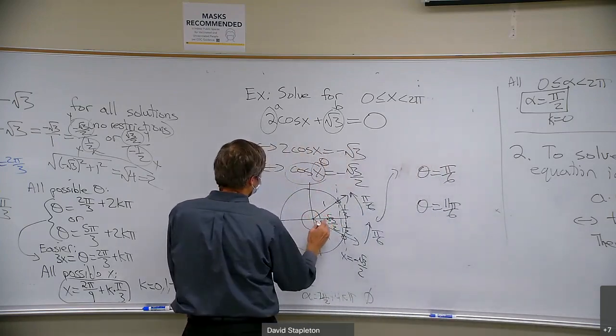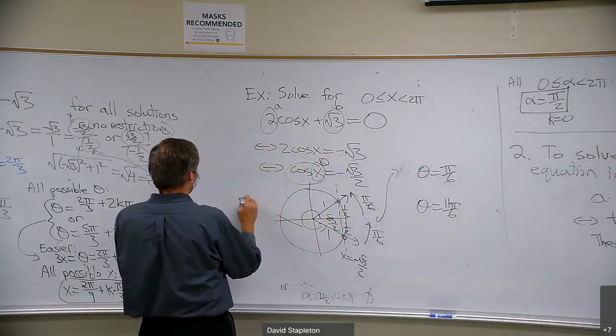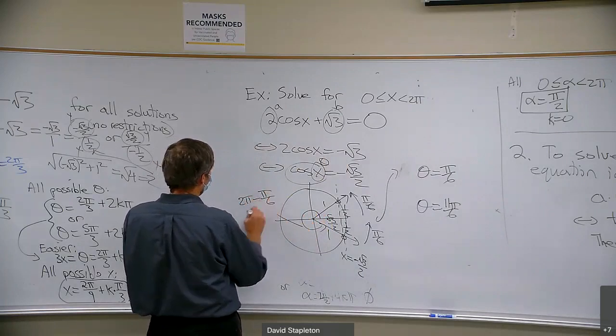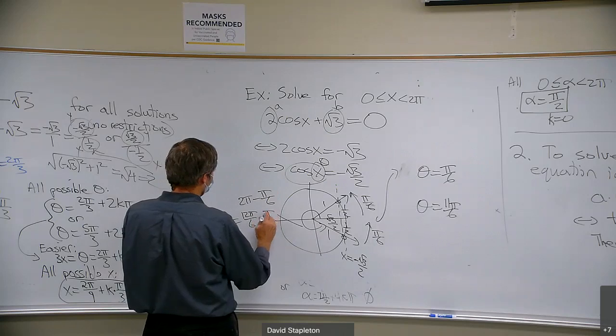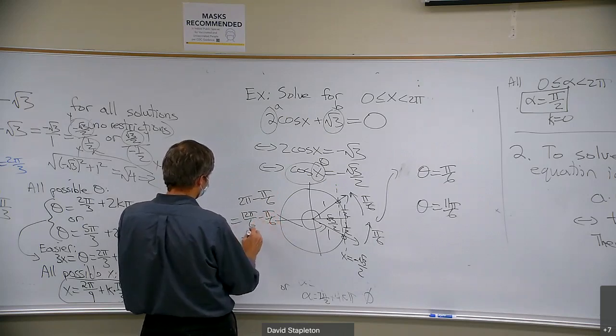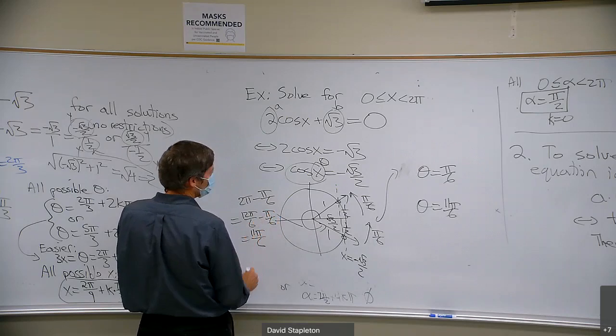This angle here is 2 pi less pi over 6, and you put them over a common denominator, it's 12 pi over 6 less pi over 6. 12 minus 1 is 11 pi over 6. Right? That's the second angle.